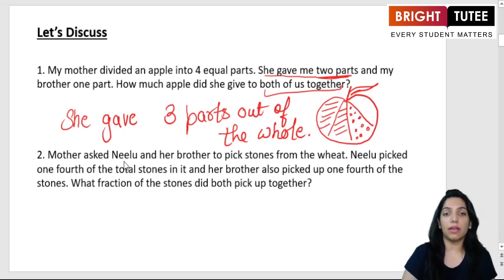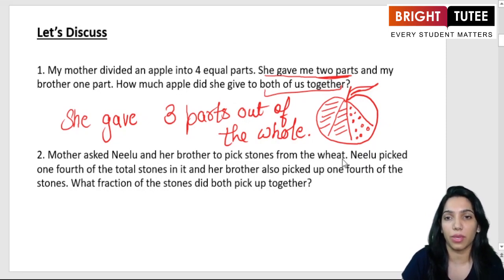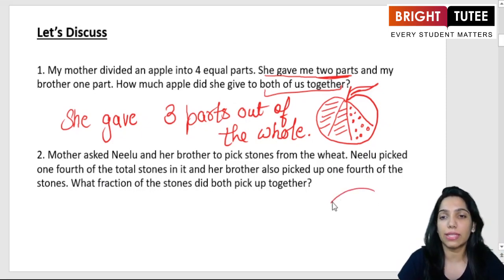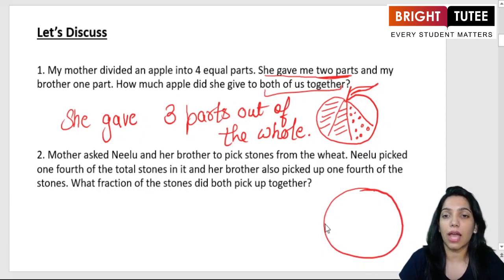It says mother asked Neelu and her brother to pick stones from wheat. Neelu picked 1/4 of the total stones in it and her brother picked 1/4 of the stones. What fractions of stones did both pick up together? So let's say this is the total that I'm denoting by a square. I'll divide this first into 4 parts, and out of this let's color 1/4.